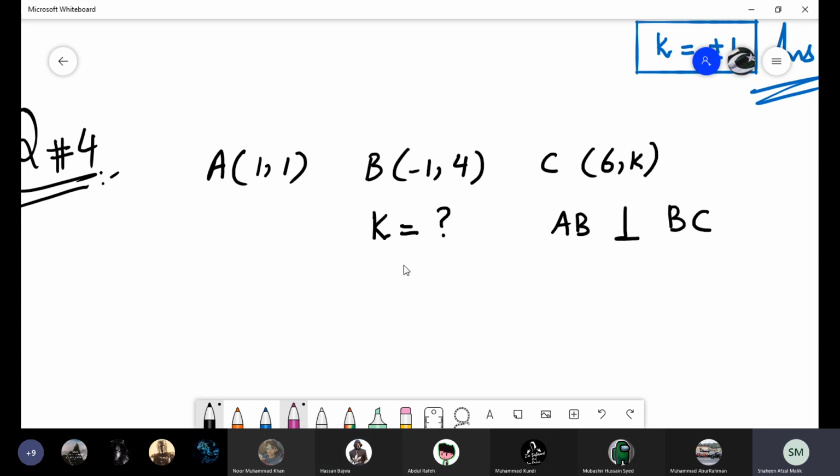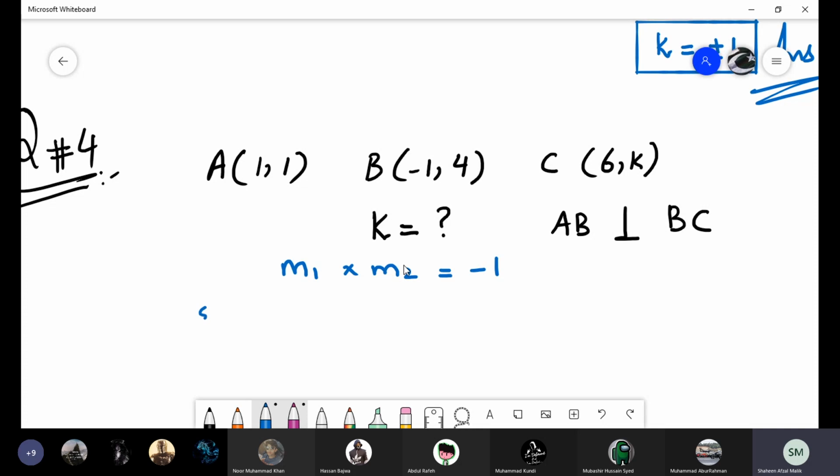What is the condition for perpendicular lines that we learned yesterday? Slopes of perpendicular lines: m1 multiplied by m2 is equal to -1. It means the gradient of AB, gradient or slope, the same thing.